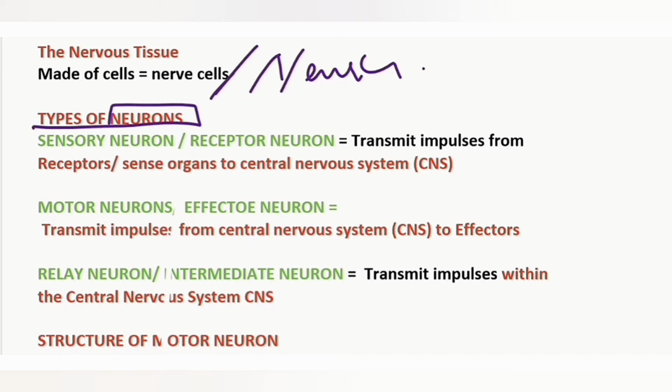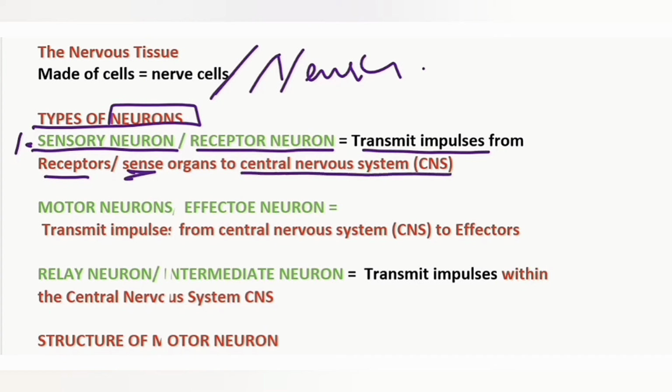One is the sense neuron, also known as the receptor neuron. It transmits impulses from receptors or sense organs to the central nervous system, which are the coordinators, meaning to the brain or to the spinal cord.